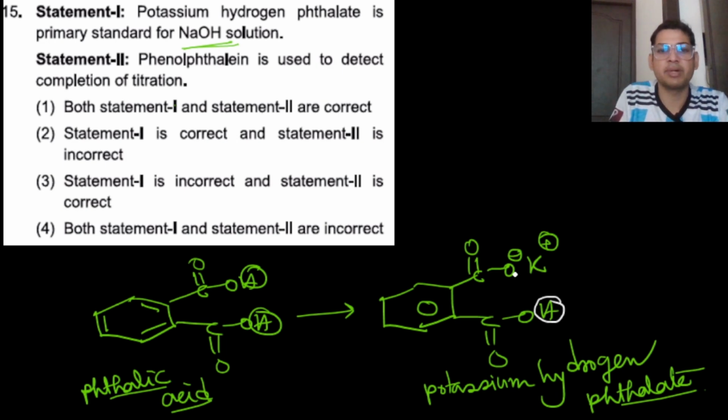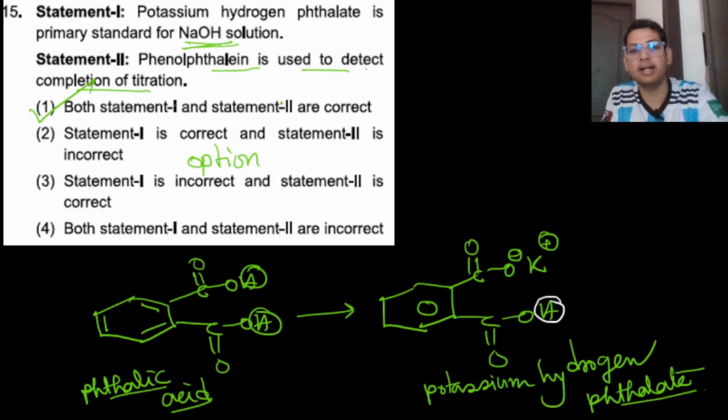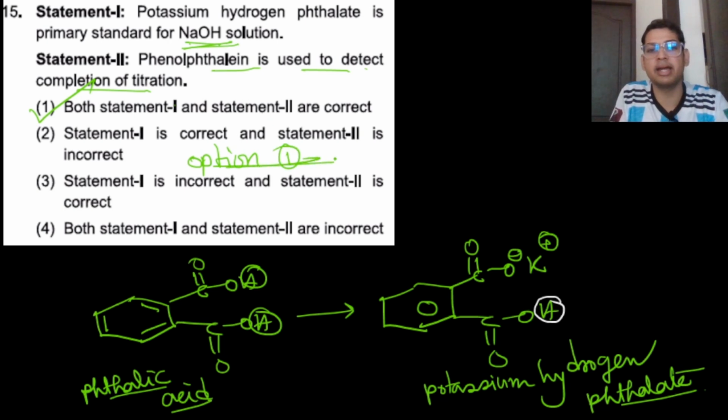And phenolphthalein is used to detect the completion of titration. That we know. So both statements are correct, and option number 1 is my correct answer here.